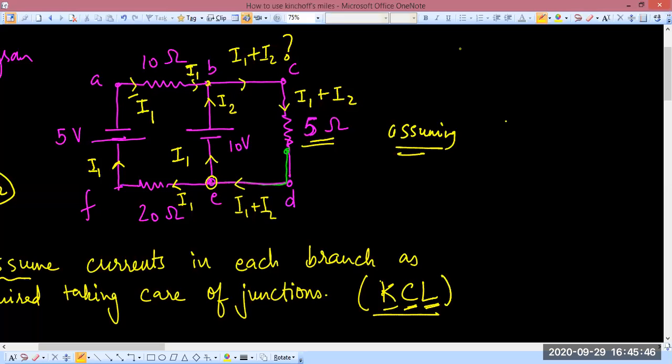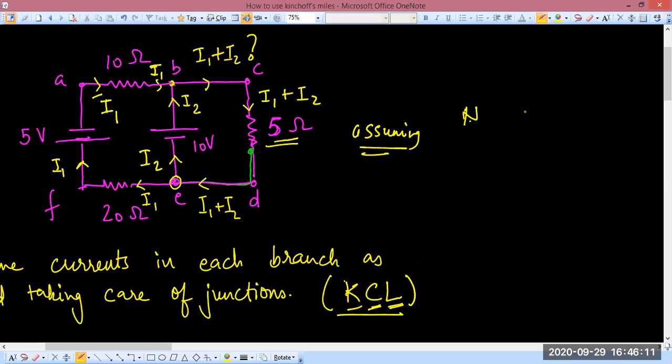Then this would be weird, right? Okay, this would be weird. So it's of course wrong. It should be I2. Clear? So ultimately this is your check.